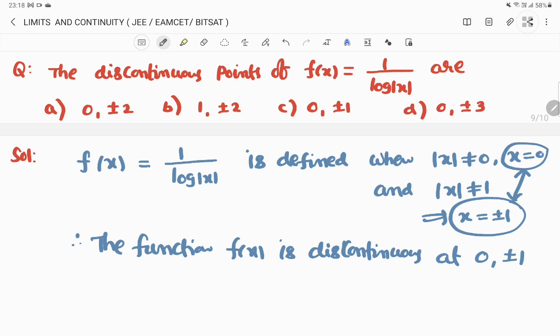Otherwise, except these points, the function is continuous. This is the meaning. So the function f of x is discontinuous at x equal to 0 and plus or minus 1, which is the third option, dear students. I hope everyone understands that. Thank you, dear students, for watching my channel.